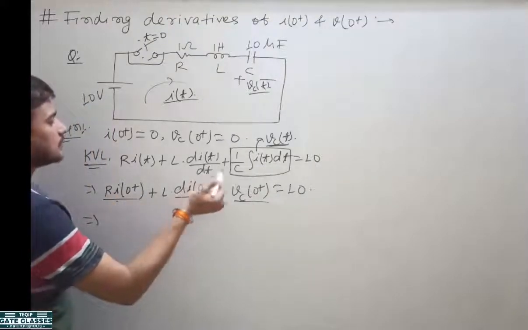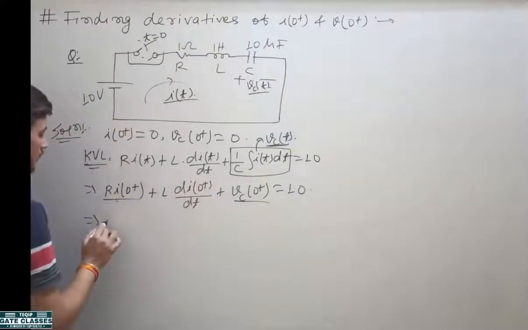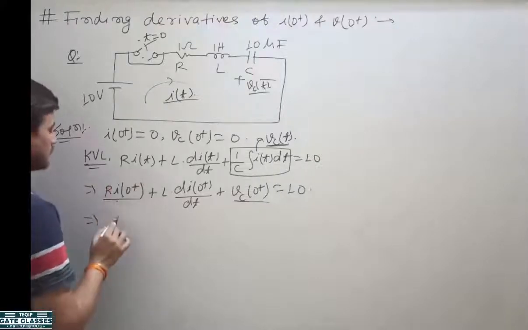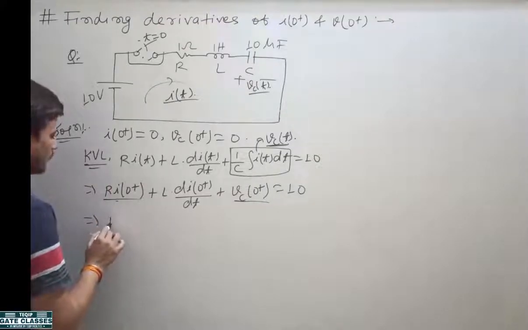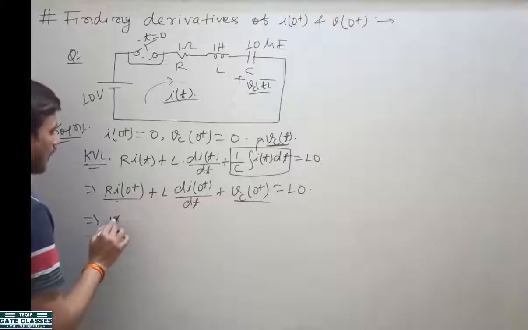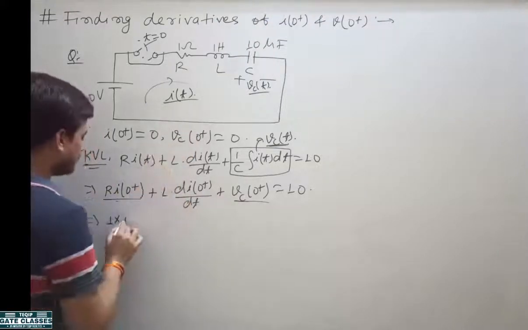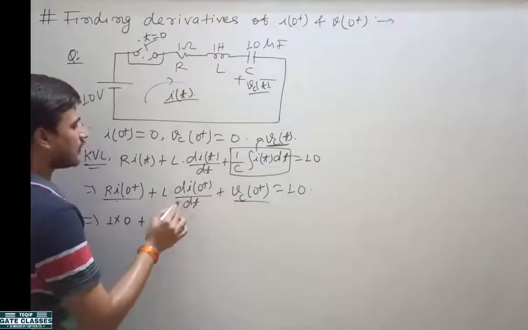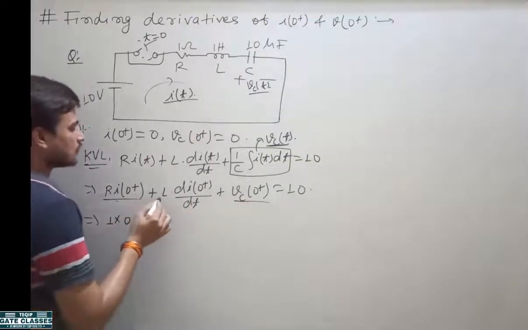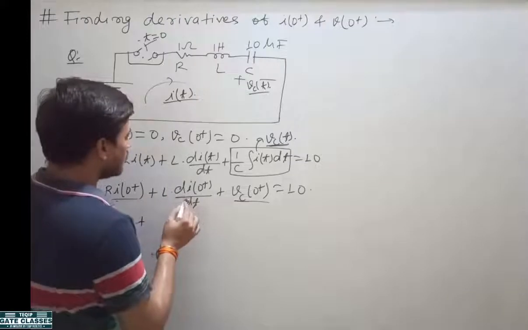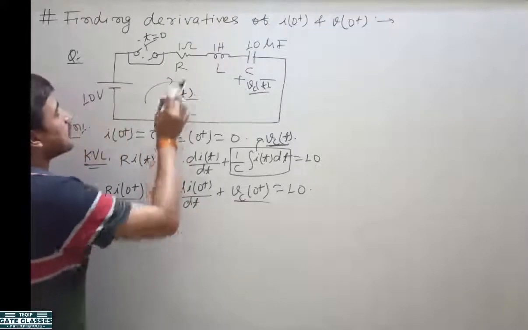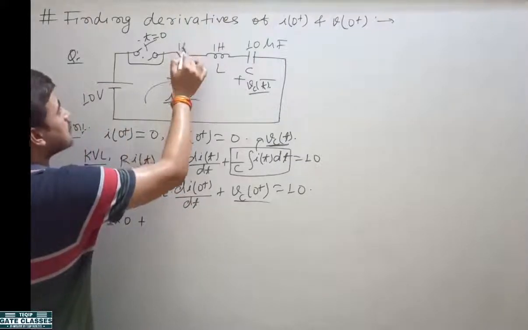Now we'll put the values of I0 plus and VC0 plus and the values of R, L and C. Sorry, the value of R given in the question is 10 ohm.